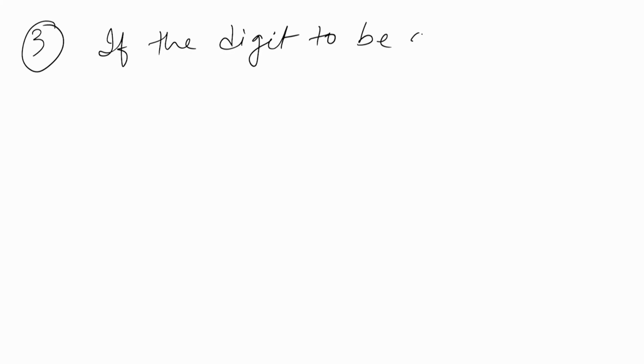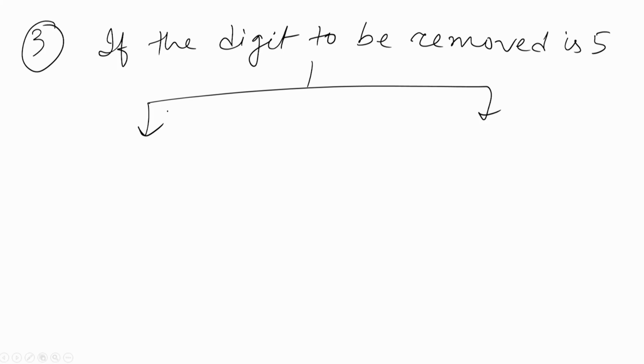Okay. So the last rule is, if the digit to be removed is 5, then we have two different rules for it.